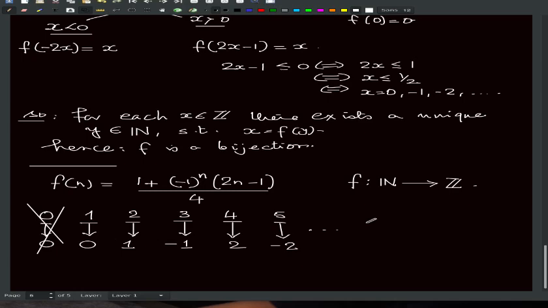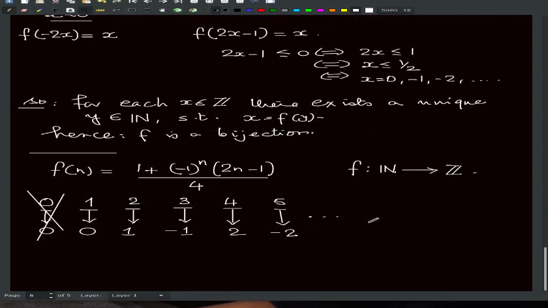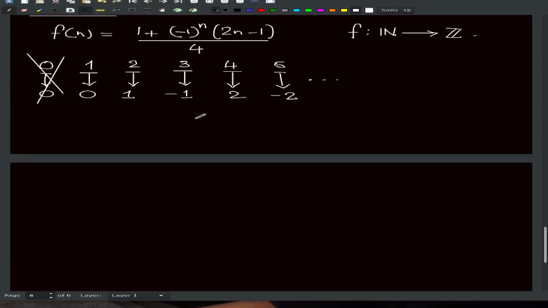Well, the trick there was to show that it's a bijection. Yeah, it's also a bijection. You have to prove that this is a bijection. Now, let's see. This is obviously going to be a little more computation.